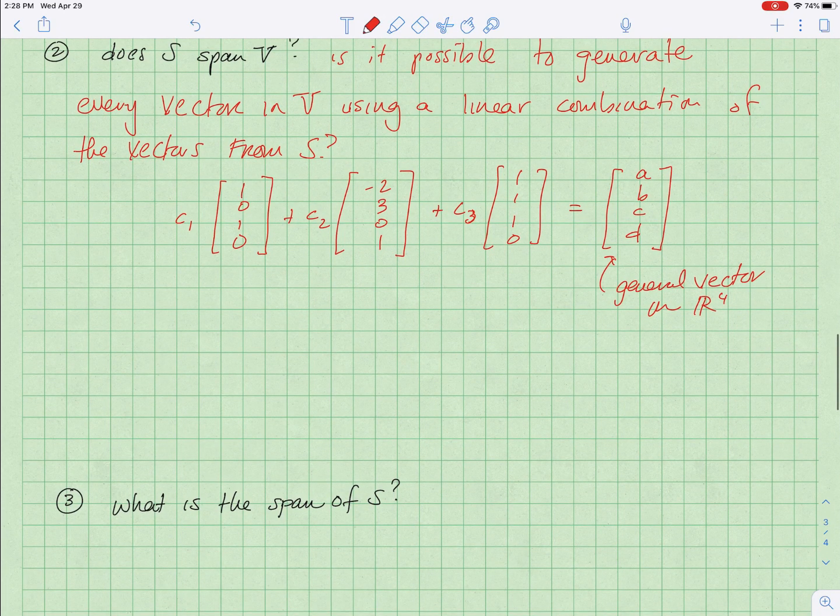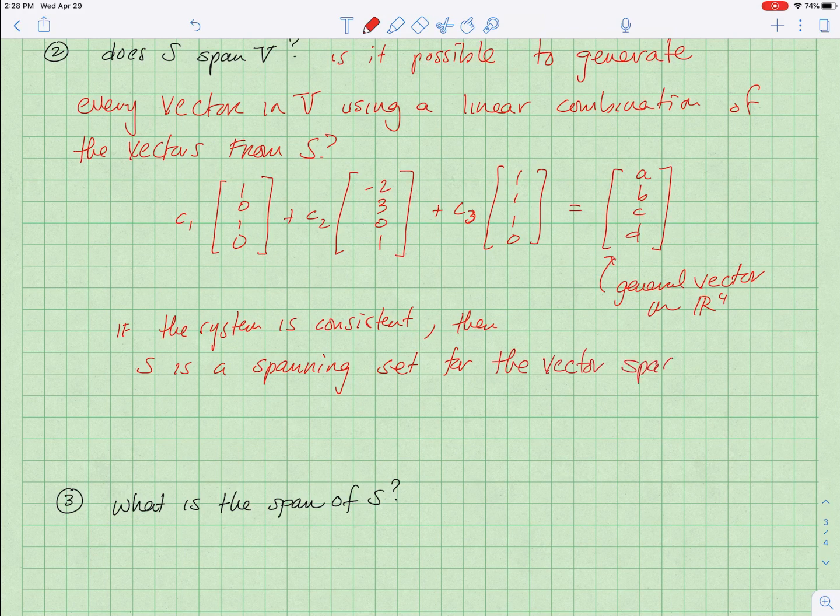So again, if the system is consistent, then we would say S is a spanning set for the vector space V. That's a little bit different, right?